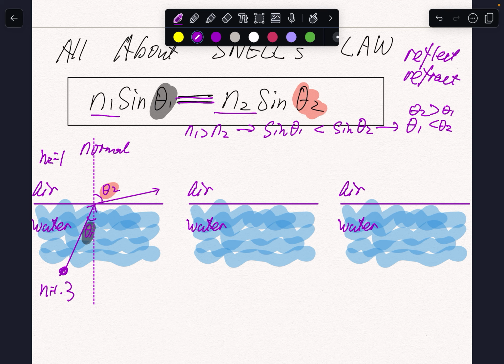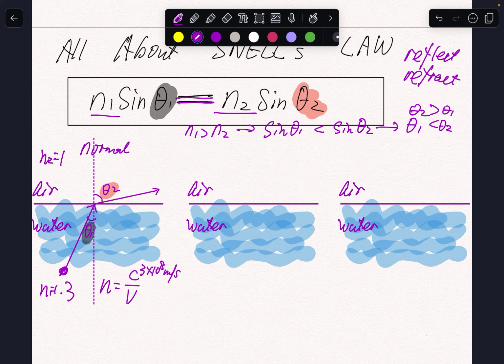Here I want to mention one more thing about n. The mathematical equation for the refractive index is n equals c over v. c is the speed of light, which is 3 times 10 to the 8th meters per second, and v is the velocity that the light travels in water, air, diamond, vacuum, or any medium.